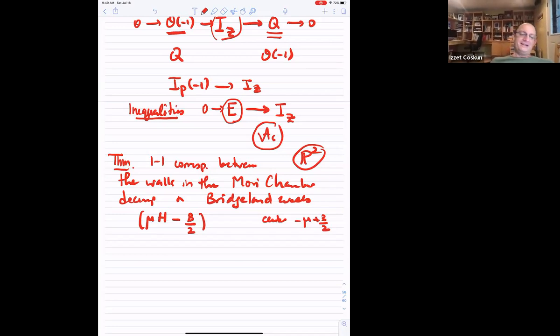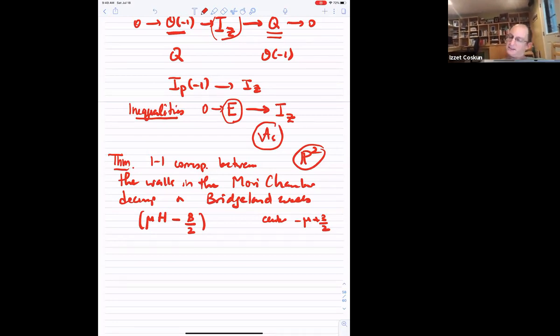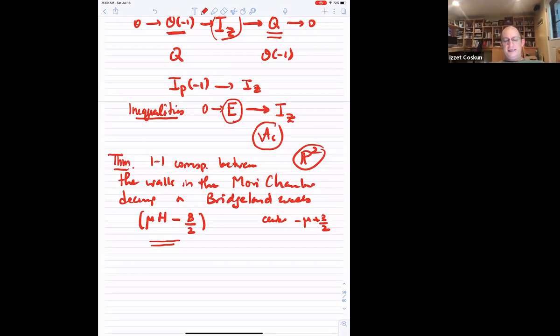So there's a very explicit, very simple correspondence between them. And the way you should think about it is that what ends up being in the stable base locus in the Mori chamber decomposition corresponds to what gets destabilized at that wall. So it's a fairly concrete correspondence.